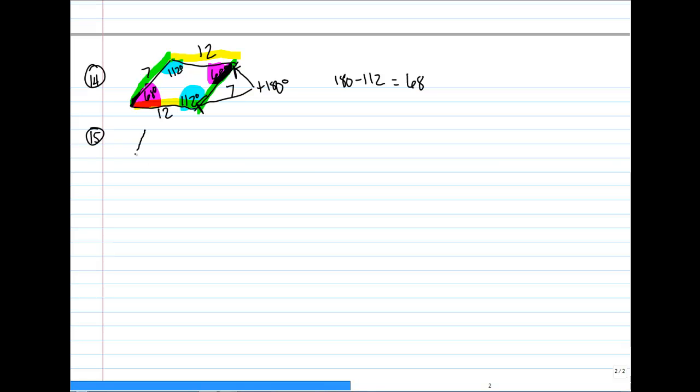It's a parallelogram that looks like this. Mine's a little wider, but essentially it's still the same. Okay, so if this little part here is 10, then this part here is 10 as well. If this side is 10, then this whole side is 10 also.